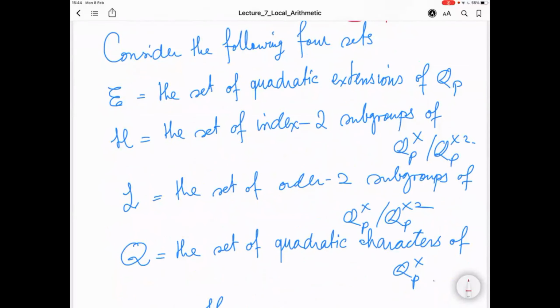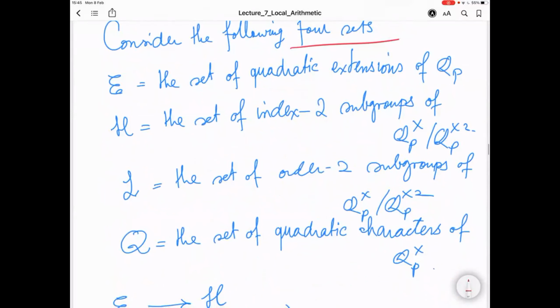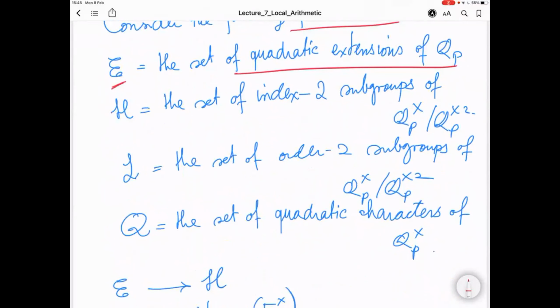So basically what we have done is that we have given canonical bijections between these 4 different kinds of sets. What are the 4 sets? The first set E is the set of all quadratic extensions of Q_p. The second set H is the set of all index 2 subgroups of this group.